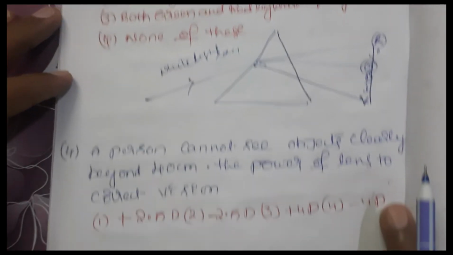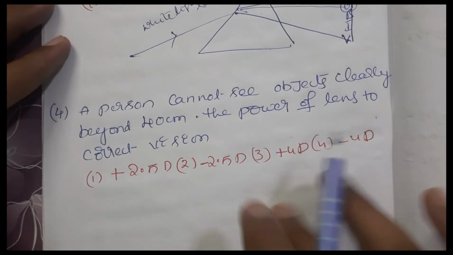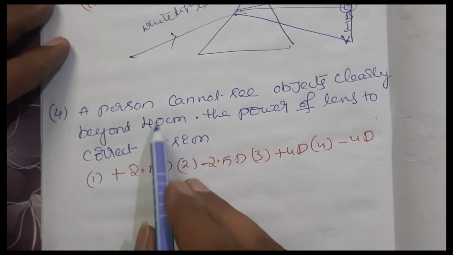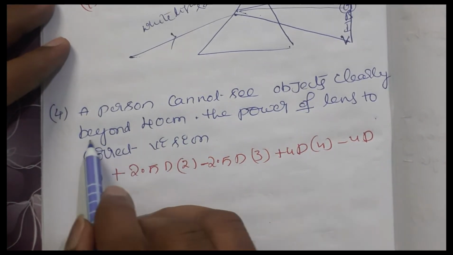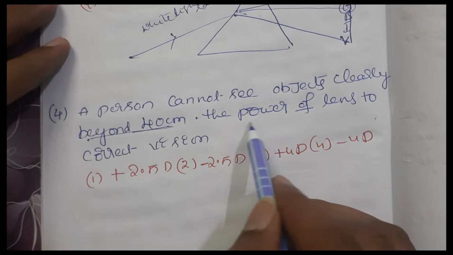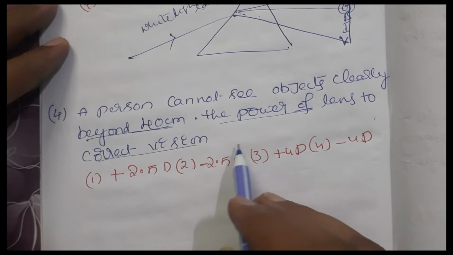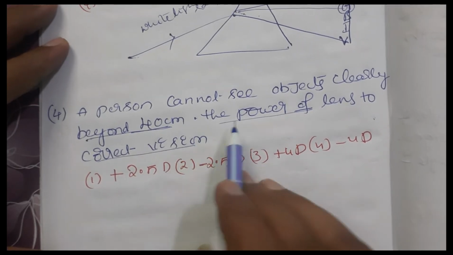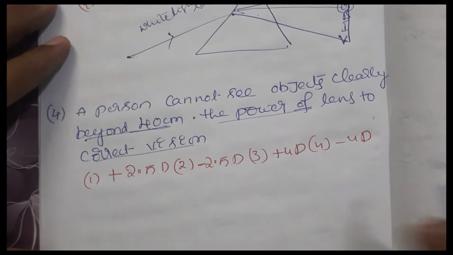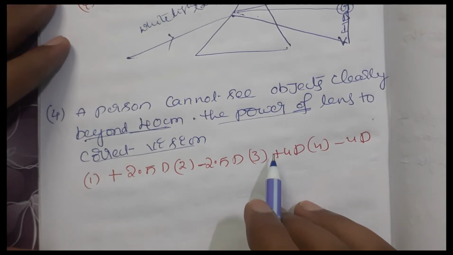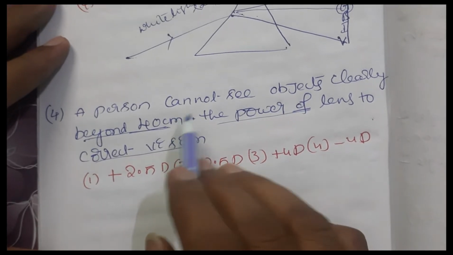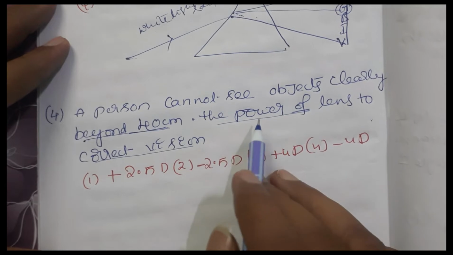Next question, students. Question number 4. A person cannot see objects clearly beyond 40 centimeter. Find the power of the lens to correct the vision. So a person cannot see objects beyond 40 centimeter. That means objects present on the other side of 40 centimeter are not visible.